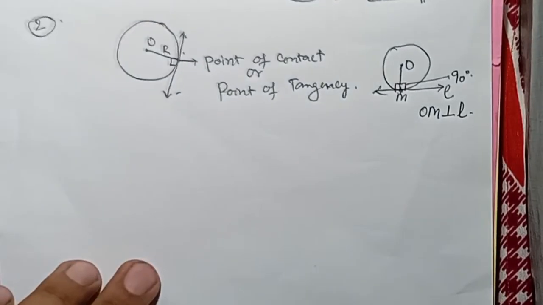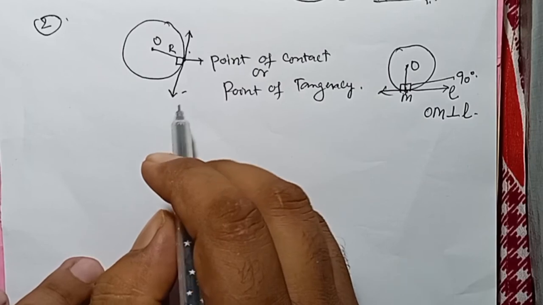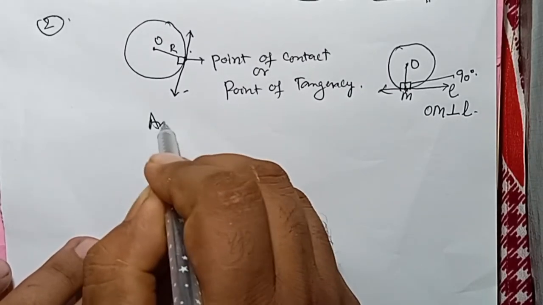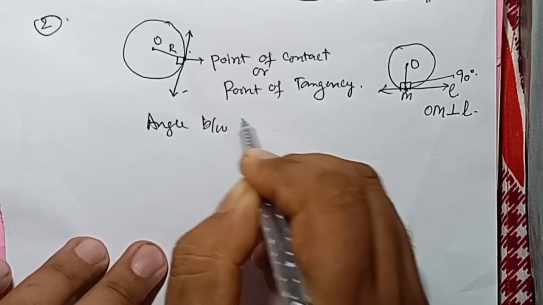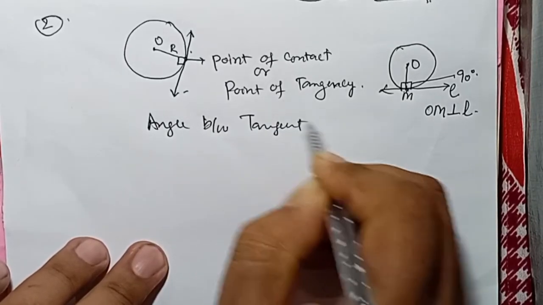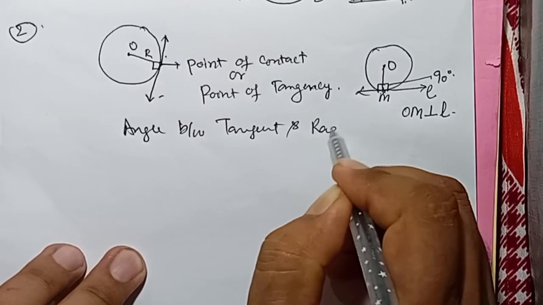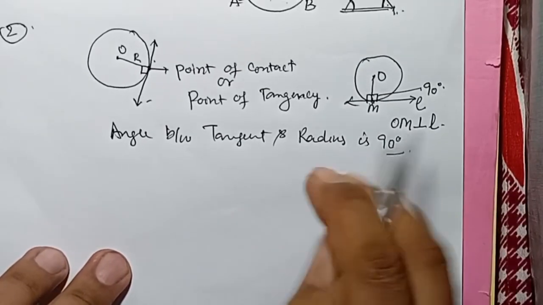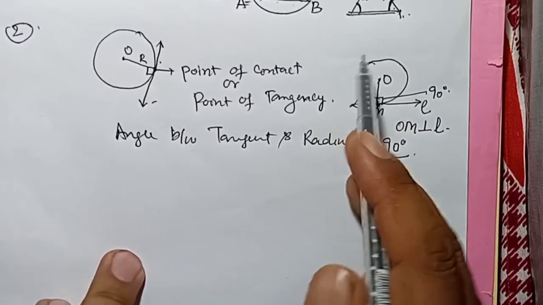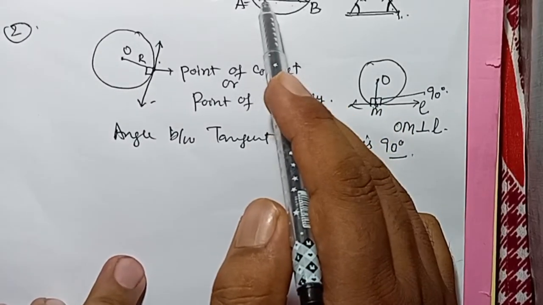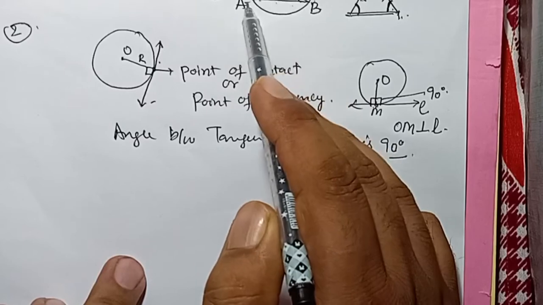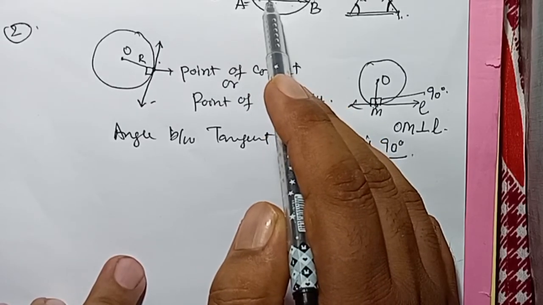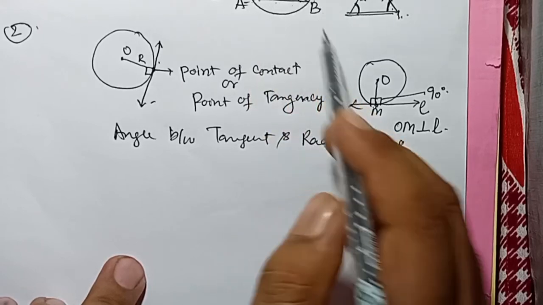So briefly, the angle between tangent and radius is 90 degrees. This is the second one. First one is, in a circle, when there is a chord and two radii are joined, a triangle is formed. That triangle is an isosceles triangle and the base angles are equal.